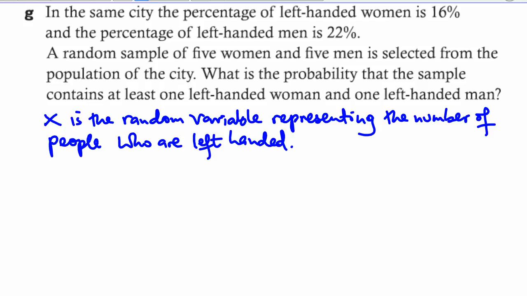Correct. And we can say that X follows a binomial distribution with parameters 10 and 0.18. So once you have that, we can start answering the question.